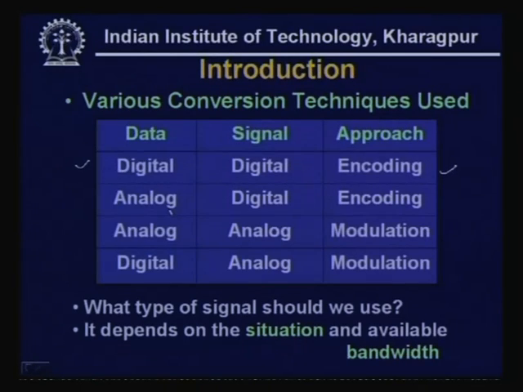Similarly, you can have analog data which can also be converted into digital signal by suitable encoding. Then you can have analog data which can be converted into analog signal by a suitable modulation technique, as we shall discuss later in this lecture. Then we can have digital data which can be converted into analog signal by a suitable modulation technique.